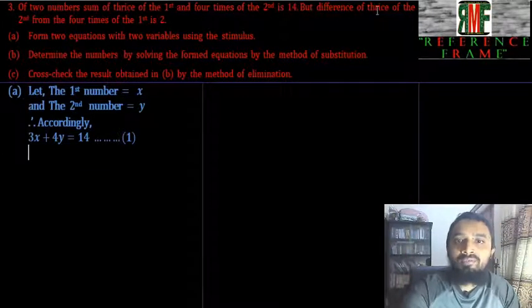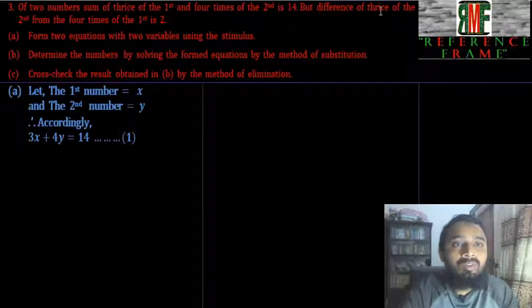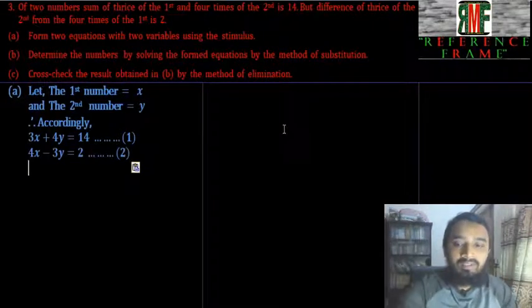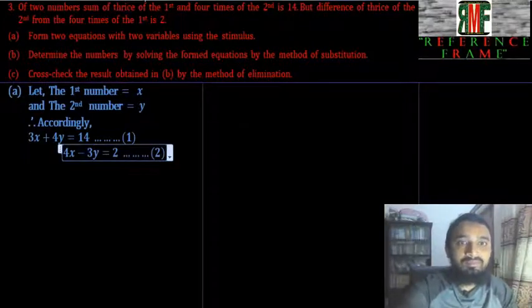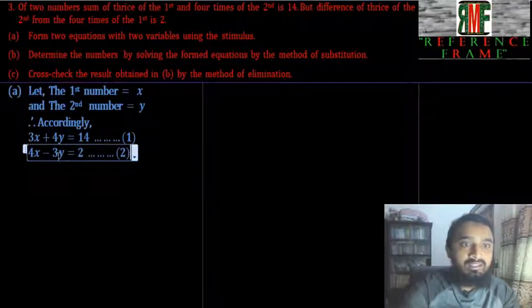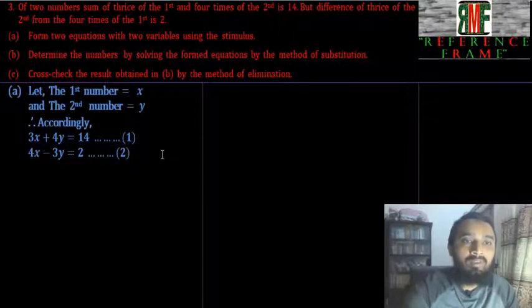Again, the difference of thrice the second from 4 times the first: 4x - 3y = 2. So this is what we were asked to find, to form two equations.